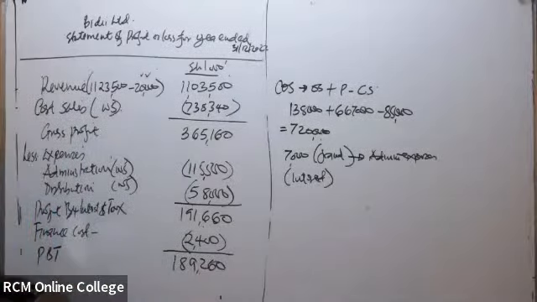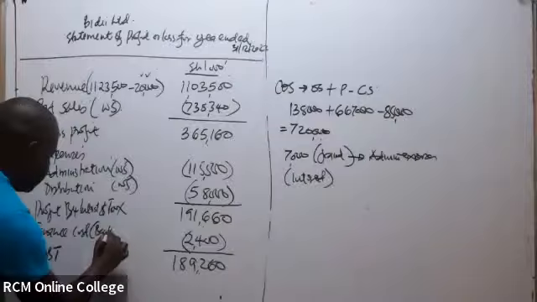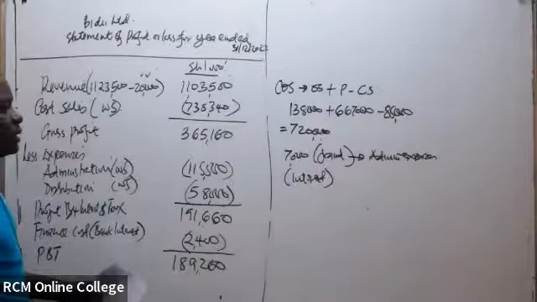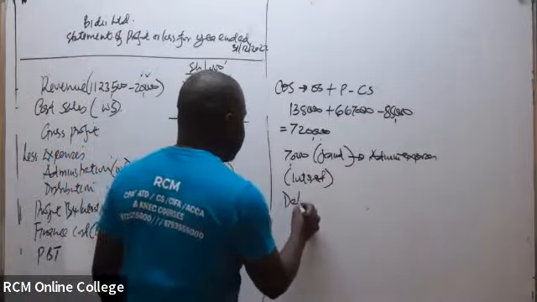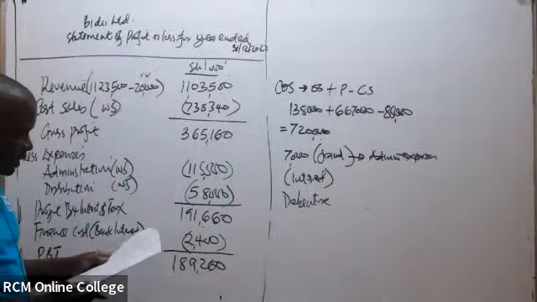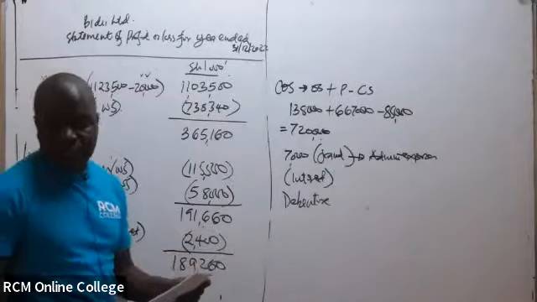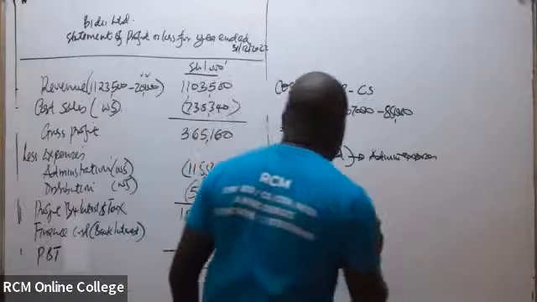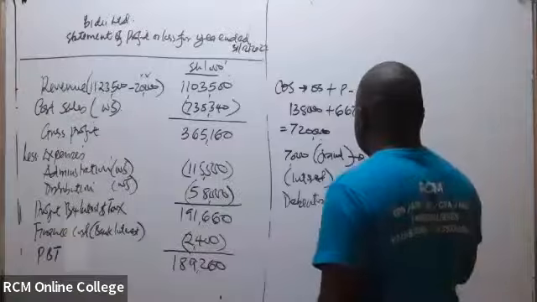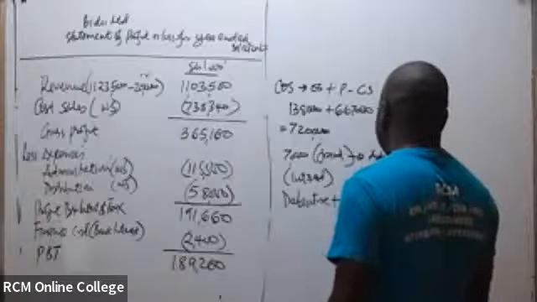So remember, in this case, this one is the bank interest. The bank interest you've actually been given in the trial balance. Remember, if we had, for example, debentures, we would have still added the debenture interest as part of the finance cost. If in the trial balance we also had preference, like in our previous question, it was comprising of debenture interest and of course preference dividends that was actually paid.